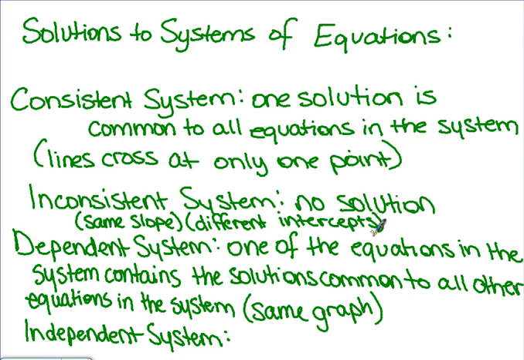Now, when you're talking about solutions of an equation, there are three possibilities. We're going to talk about those possibilities. In graphing a system, the first possibility is that the lines cross and have one point in common.